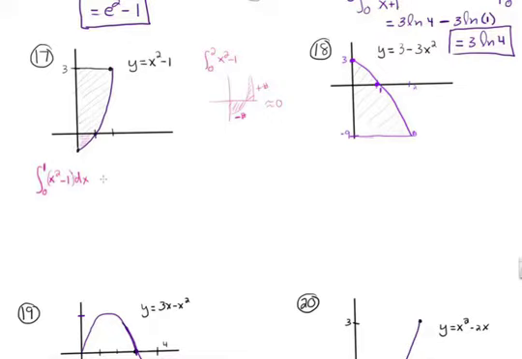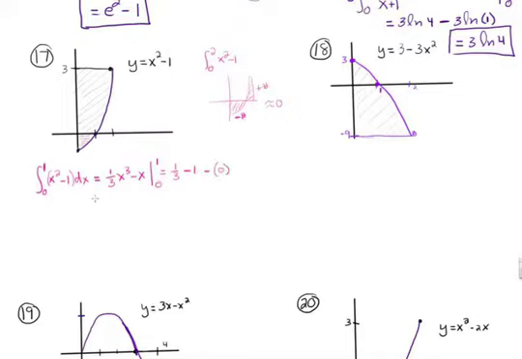So I think the first thing we need to do is, in fact, integrate this. So the antiderivative is going to be 1/3 x cubed minus x. 3 comes down, I get x squared. Yep, that's right. From 0 to 1, plug in 1, I get 1/3 times 1 minus 1, minus, plug in 0 and I get 0.